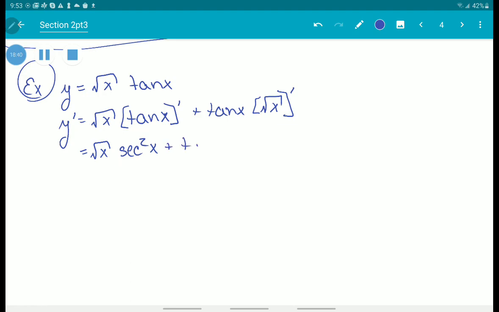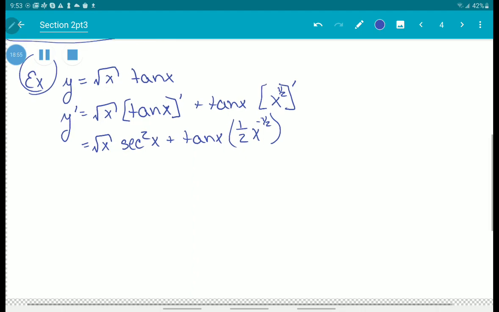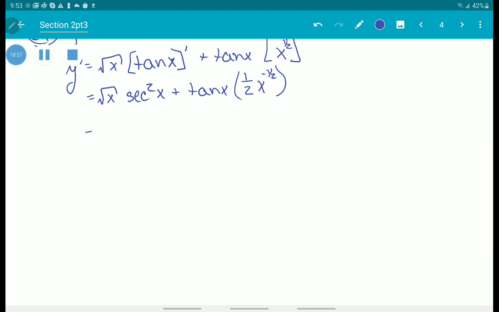The derivative of square root of x, we actually need to think about that as x to the 1/2 power. So when we take the derivative, we bring the exponent down, we subtract 1 from the exponent. So now we have the square root of x, secant squared of x, plus 1/2 x to the negative 1/2 times tangent of x.